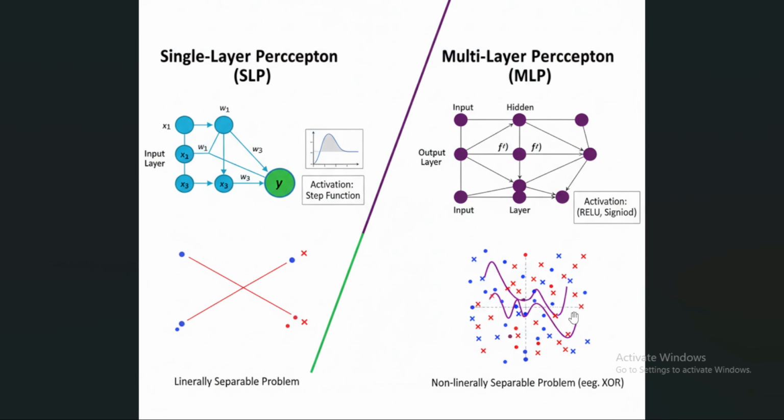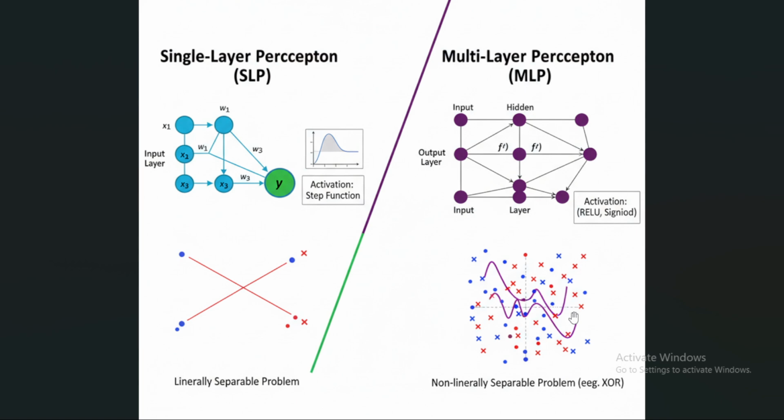Why are these crucial? The non-linearity allows the network to learn incredibly complex non-linear decision boundaries. Without them, stacking multiple layers would be mathematically equivalent to a single layer, defeating the purpose.